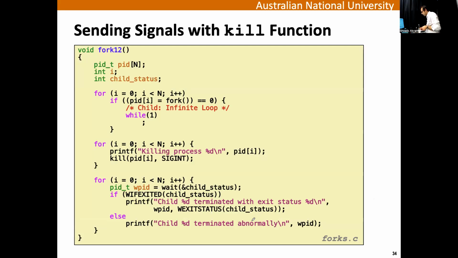Okay, so you can send signals to another process with the kill function. So here the parent is forking a number of children. These children are just executing in a while loop.